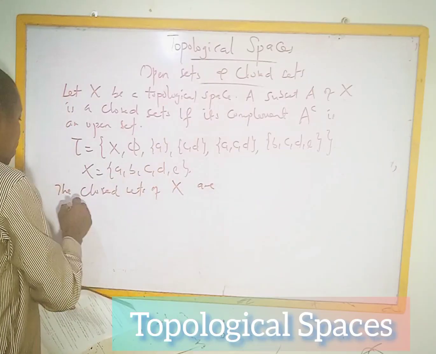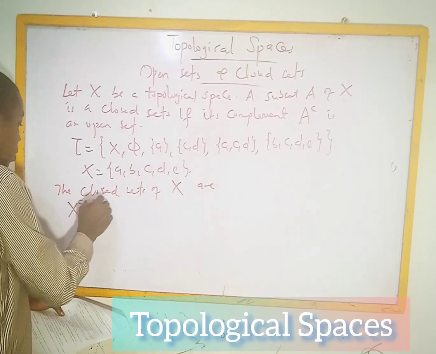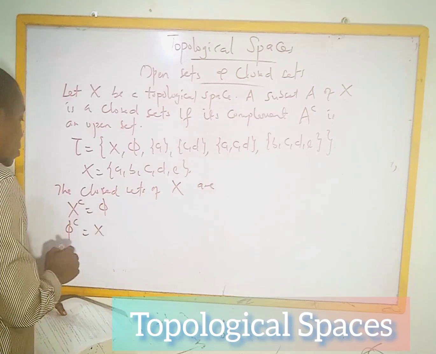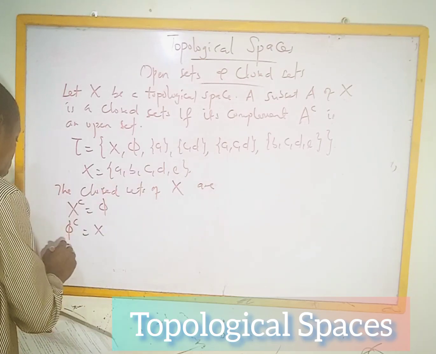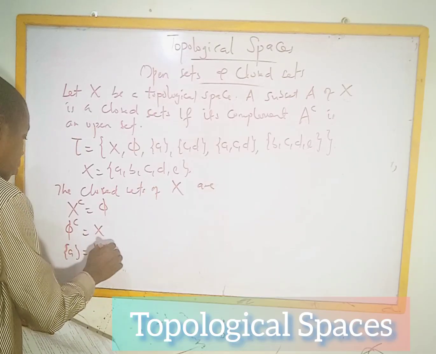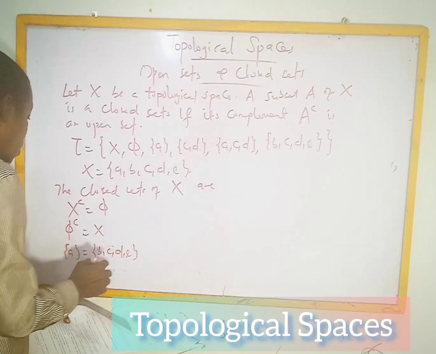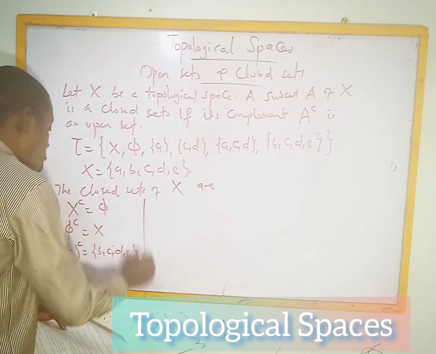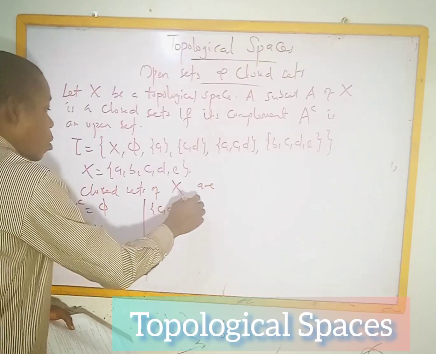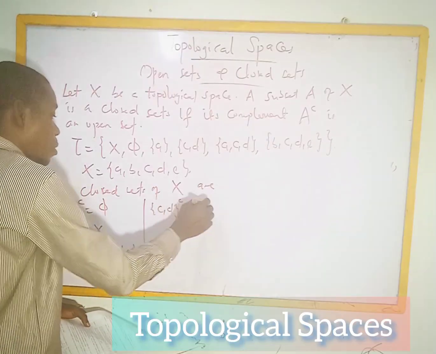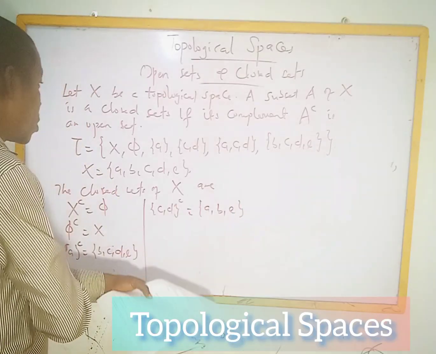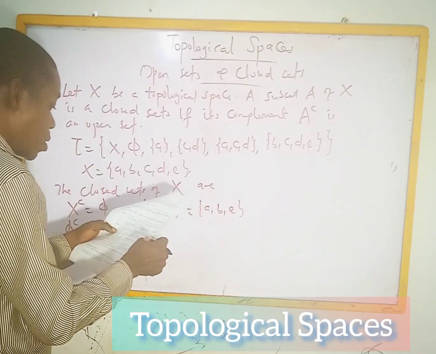If I pick the complement of the empty set, it gives me X. The complement of X gives the empty set. The complement of set A gives us B, C, D, E. The complement of C, D gives us A, B, E. The complement of A, B, E gives us C, D.